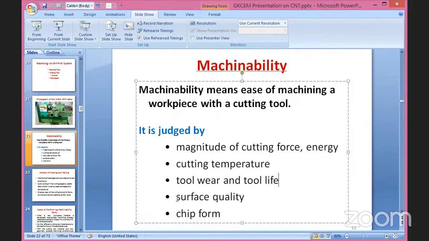And then surface quality. The surface quality of the workpiece should be as desired. It does not always mean that I require a very high degree of surface finish, because sometimes we require very good finish, sometimes low. Surface roughness is the normal measure of surface finish, so a lower value of surface roughness means high surface finish.